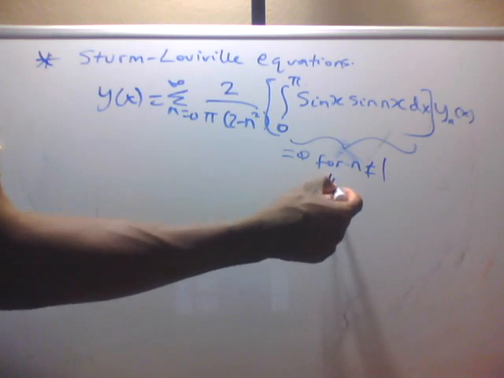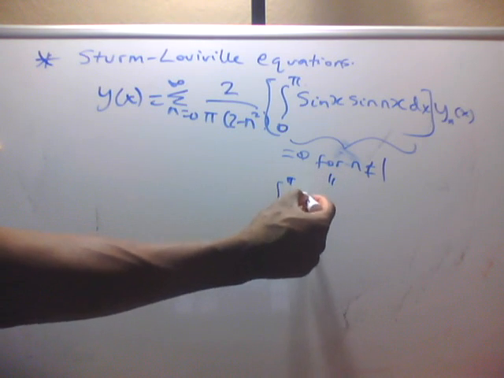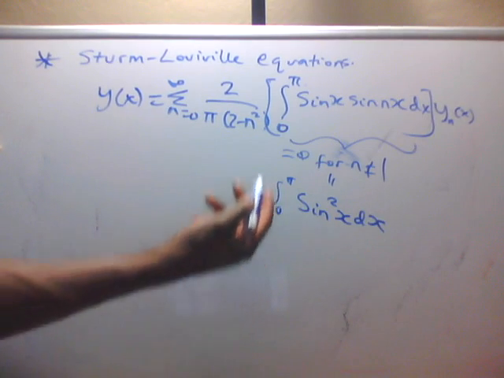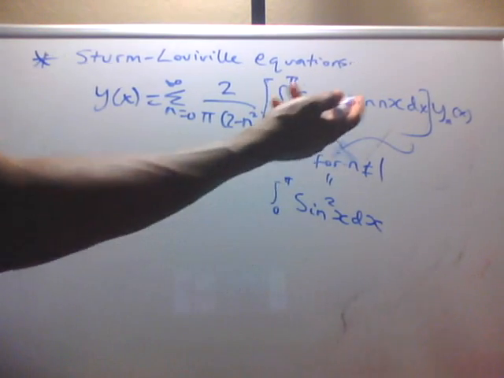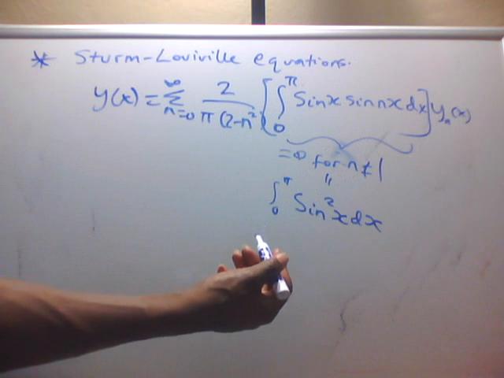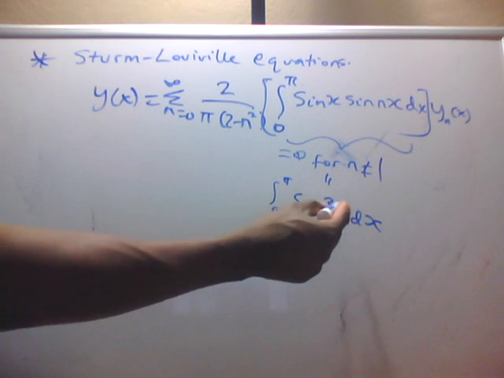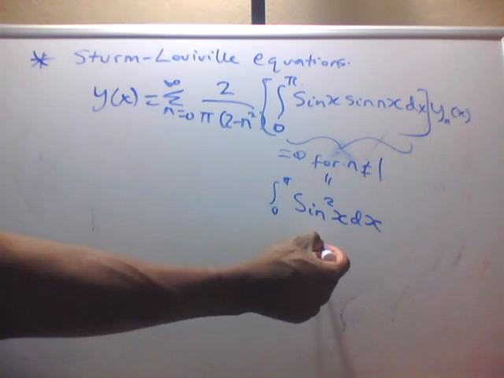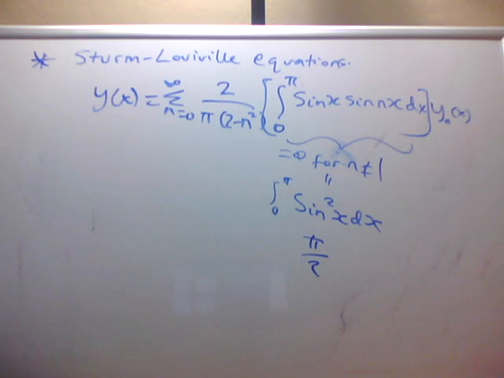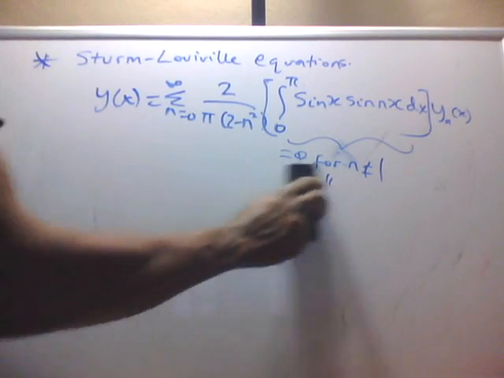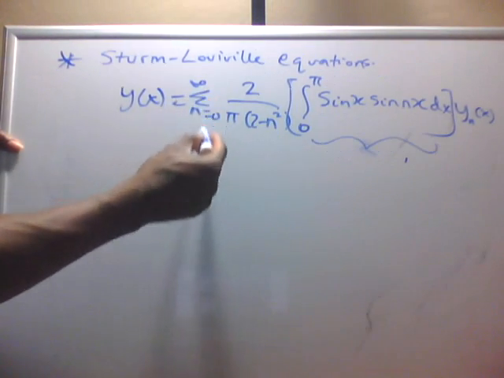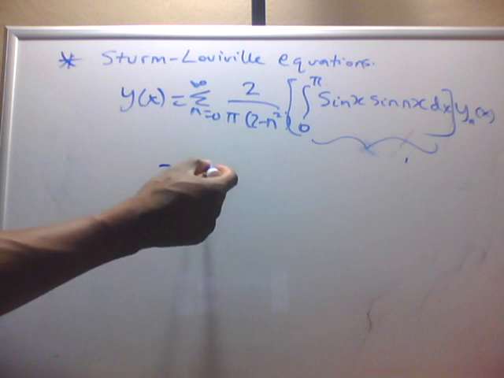This is equal to the integral from 0 to π of sine squared x dx. You can confirm that, but it's directly from orthogonality. We know the square norm is π, but I'm looking at half of it, so it's π over 2. We're looking at half the interval, and it's an even function. So it's π over 2 for n equals 1. For other ones, it's 0.